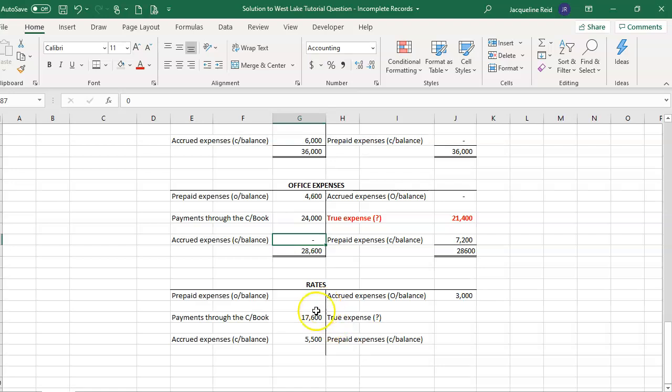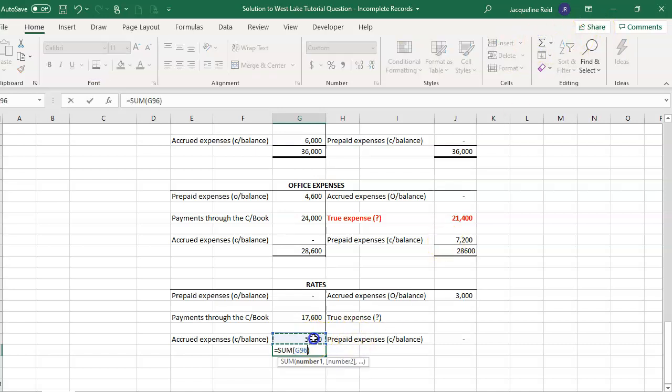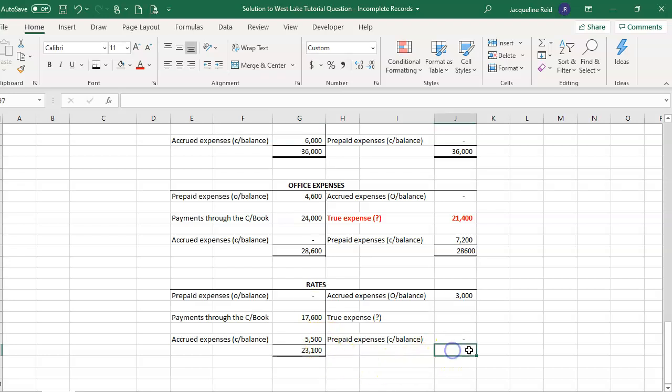And lastly, for the rates, there are no prepaid figures, only accrued figures. So let's zero those. Our total on the debit side, 23,100. So on the credit side, the same thing must apply.